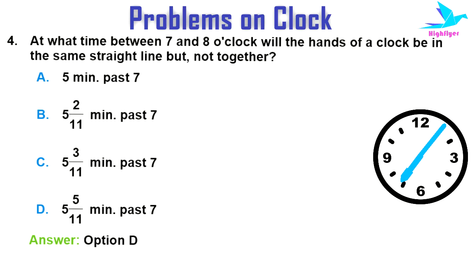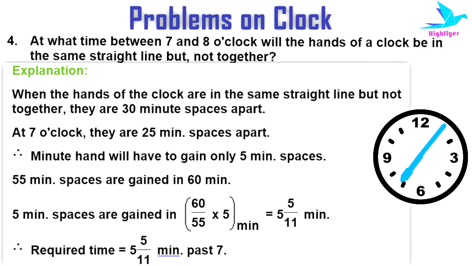Let's see how. Now when the hands of the clock are in the same straight line but not together, they are 30 minute spaces apart. Now as the question asks to find the time between 7 o'clock and 8 o'clock, at 7 o'clock the hour hand and the minute hand are 25 minutes apart.